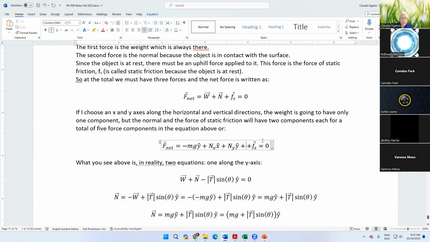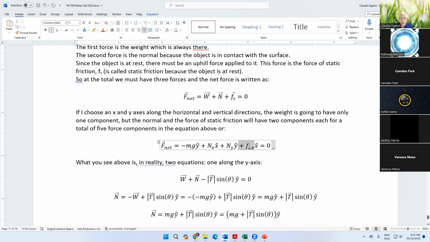Okay, and then we have to worry about the force of static friction. The force of static friction likewise is going to have an x component, right?